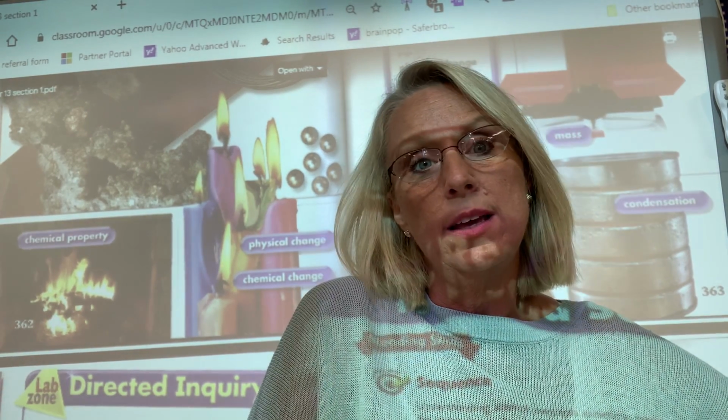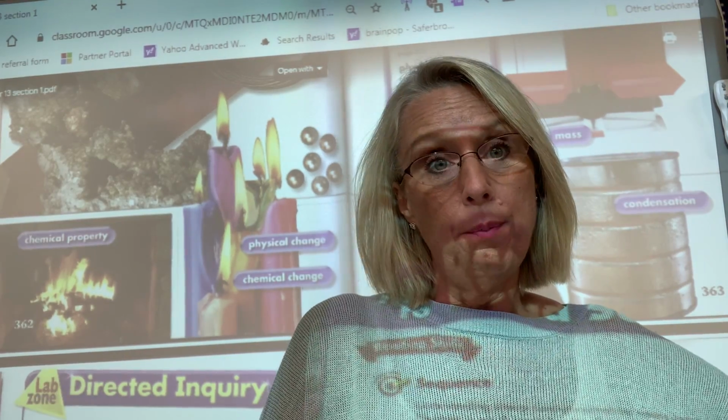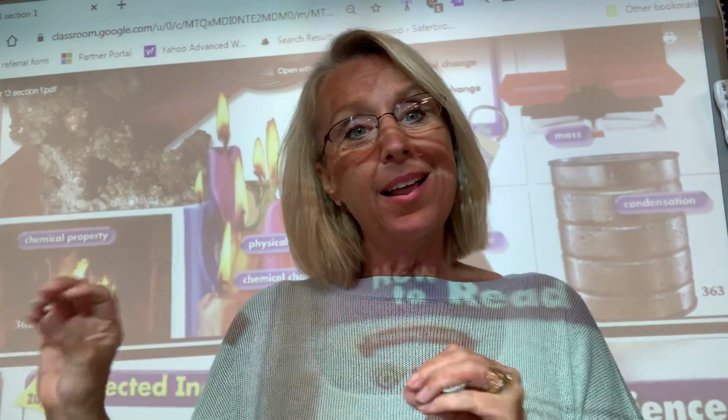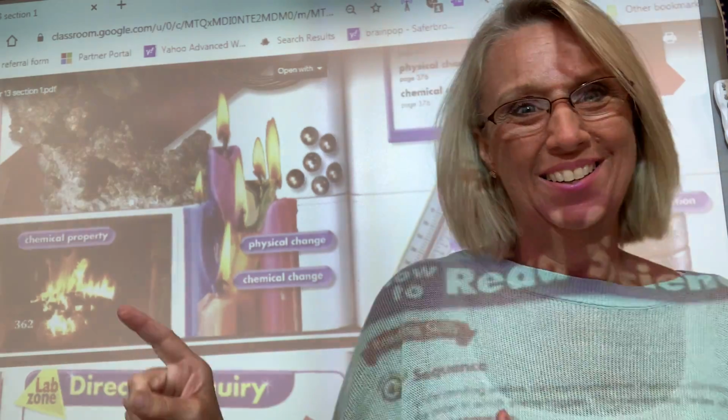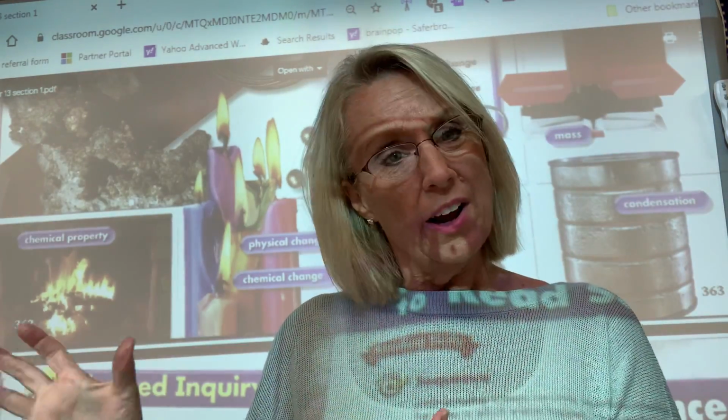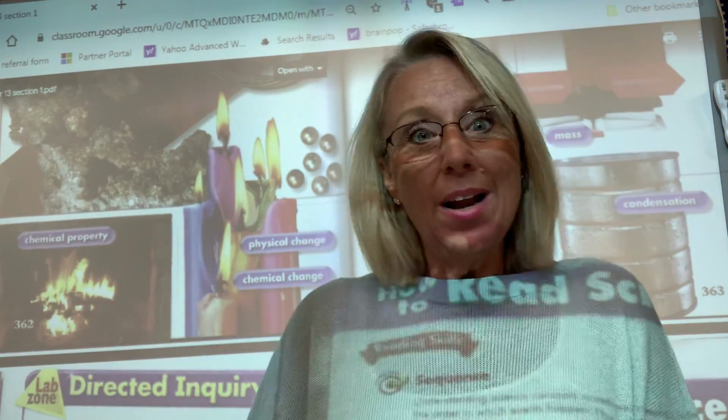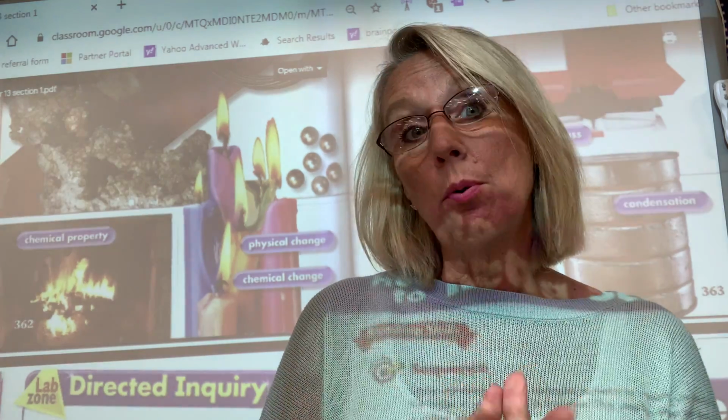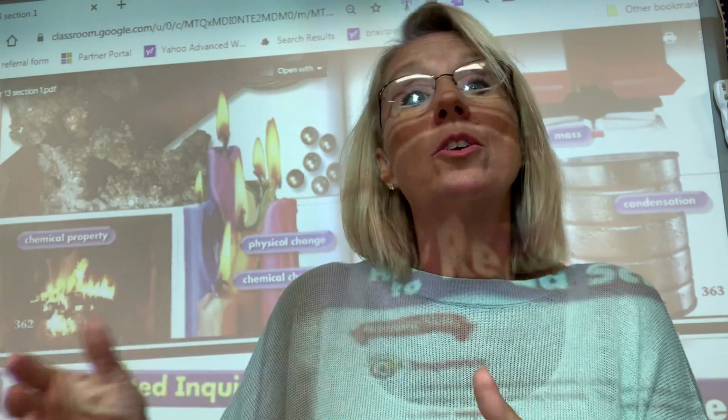That's what we're talking about when we talk about chemical properties. When I add that other element, the other element is fire. Wood is flammable. So when I add fire to that wood, that is the chemical property. That is the end result.